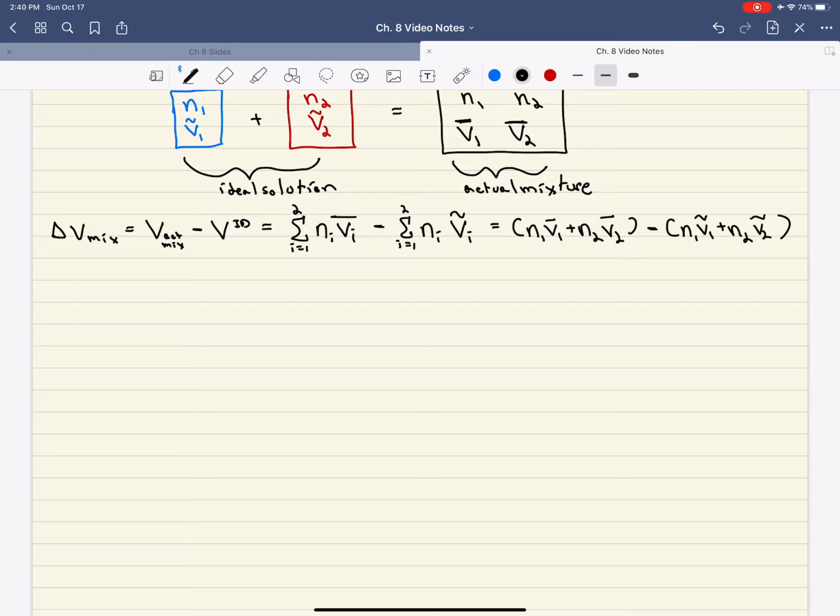What I'm then going to do is factor out N total from the entire right-hand side, and so that will just convert all these things to mole fractions. Delta V mix equals N, and since we have two components, I'm going to write these in terms of just the mole fraction of the second component.